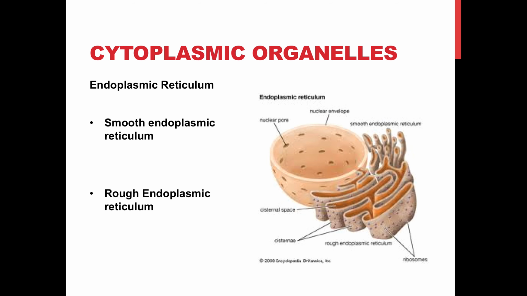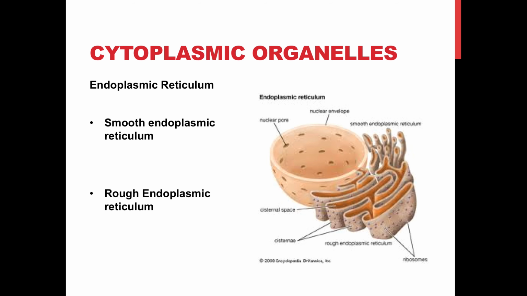The smooth endoplasmic reticulum is very tubular, and the rough has flattened sacs and is more folded. You're going to see a lot of smooth ER in cells like muscle cells because the smooth endoplasmic reticulum can also break down stored glycogen to form free glucose. So cells that use a lot of glucose will have a lot of smooth endoplasmic reticulum.